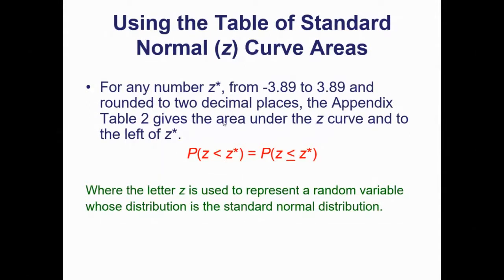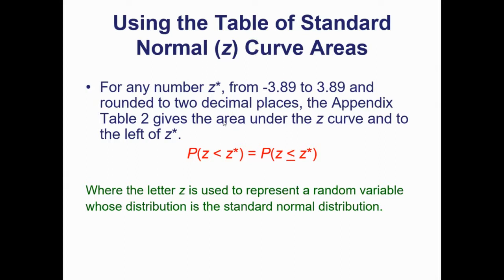So for any number z star, from negative 3.89 to positive 3.89, and rounded to 2 decimal places, you can look in your book in the appendix on table 2, or it won't go quite as far, but you can look on those charts that I gave you.